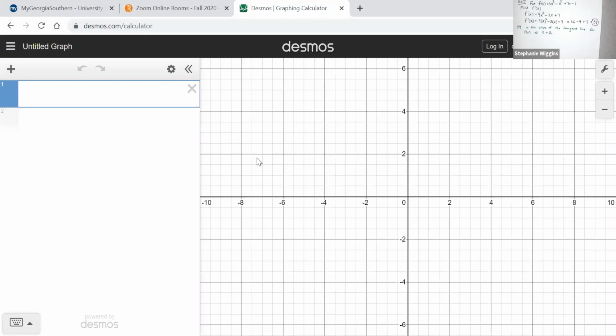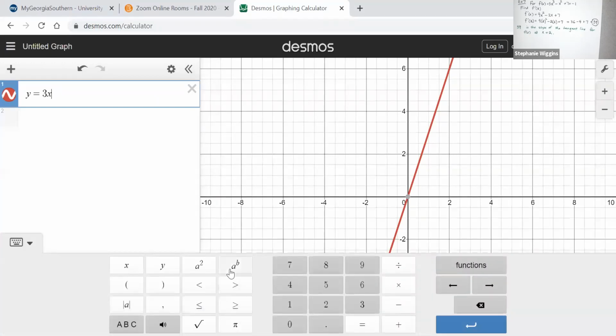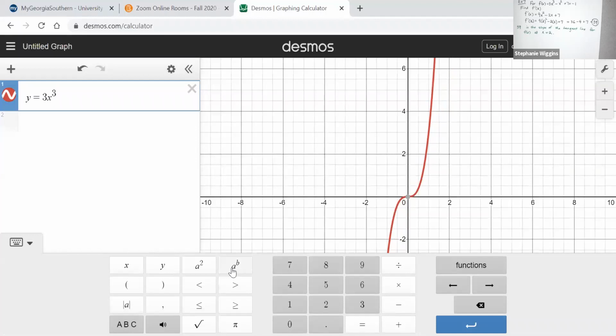So my original function, my f of x, if you will recall, is y, which is f of x, equals 3x. And if you use this down here, you can type in exponents. 3x cubed minus x squared plus 7x minus 1.